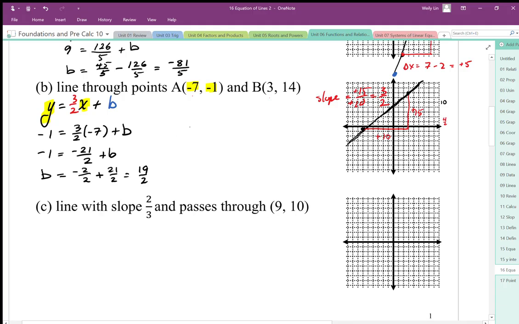So the equation of my line becomes y equals 3 over 2 x plus 19 over 2 as my y-intercept. And 19 over 2, that's approximately 9.5, and that looks like about the right spot for my y-intercept. Okay, it's just under 10. And this is not a super accurate graph, but it's good enough. Gives me the idea that I'm in the right spot.